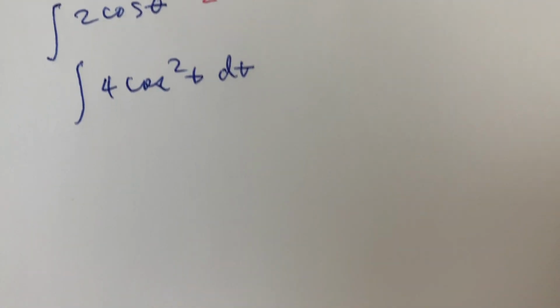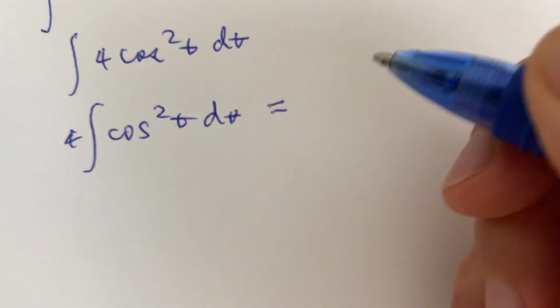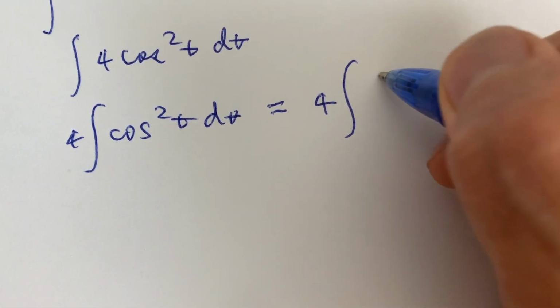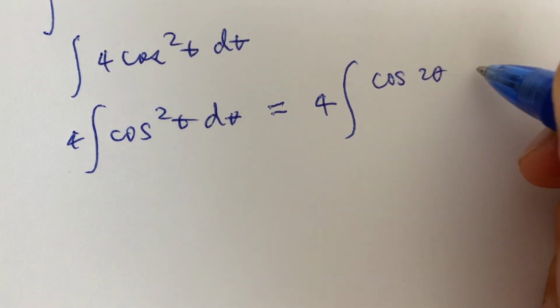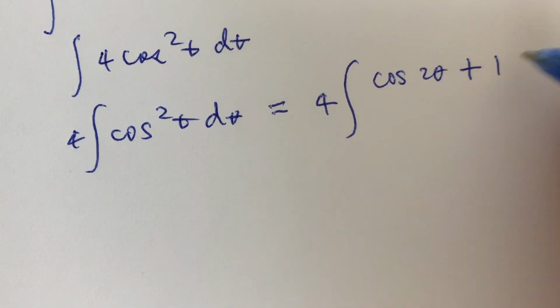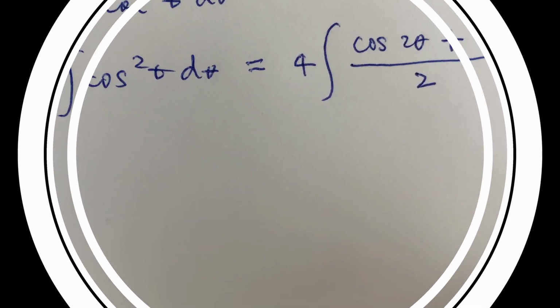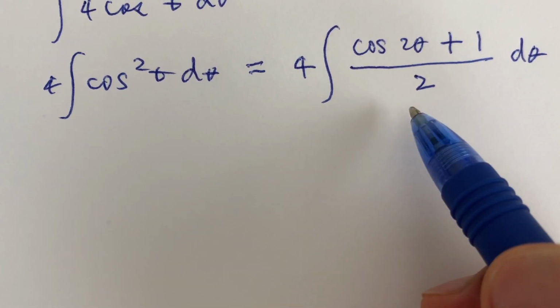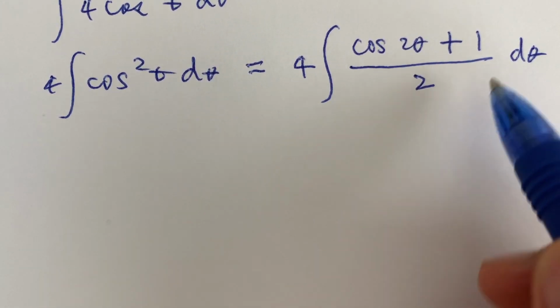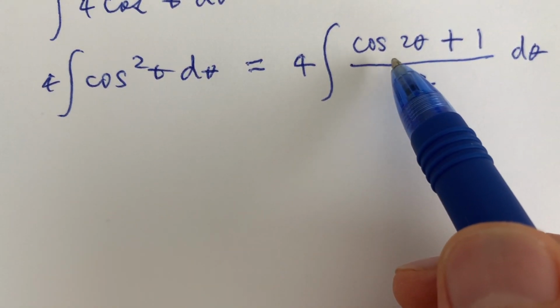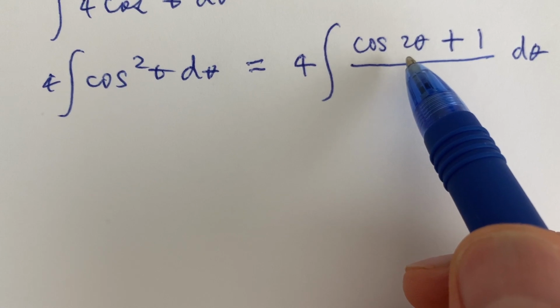We can now pull out that 4. And so we will now use the reduction formula. Cosine squared theta is the same as cosine 2 theta plus 1 over 2 d theta. Now we can integrate our function here. You notice that from power 2, our trigonometric function simply became linear. That's why it's called reduction formula.